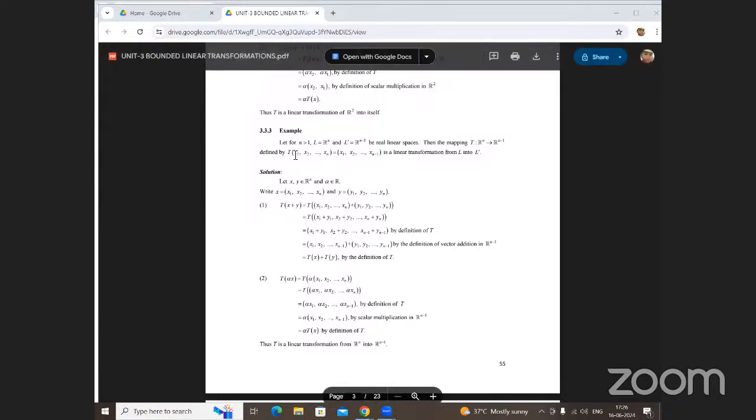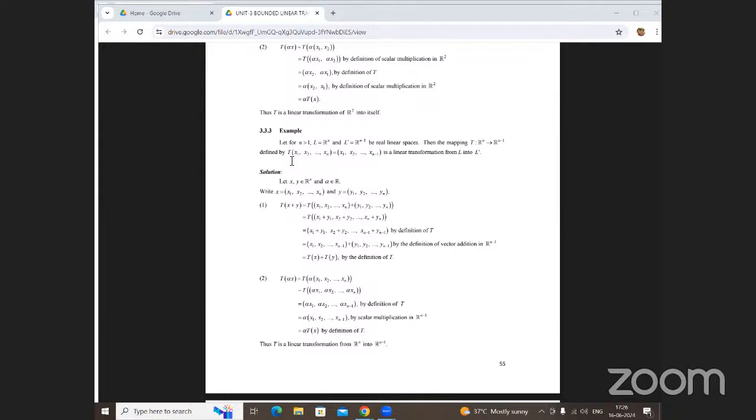Here we must observe carefully. Students, listen carefully and see this example. We take the n-dimensional elements through the transformation T of x1, x2, and so on up to xn, which equals x1, x2, and so on up to xn minus 1. By this definition, it is a linear transformation from L into L dash.